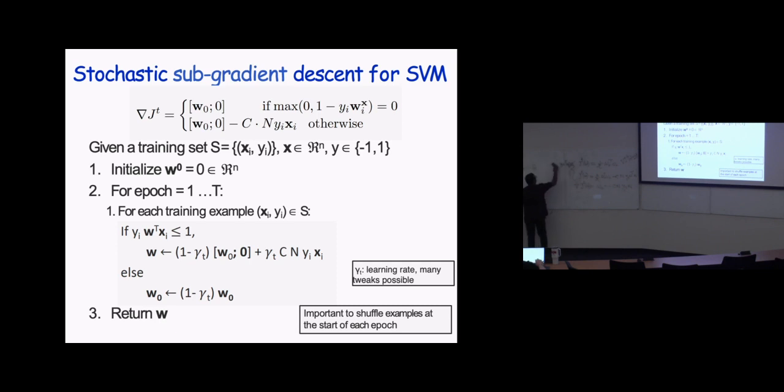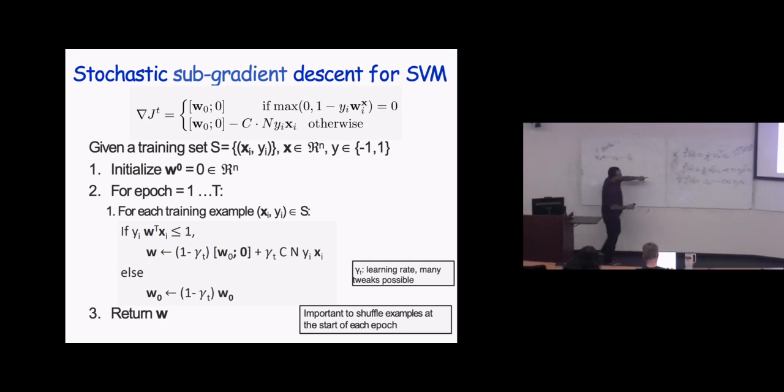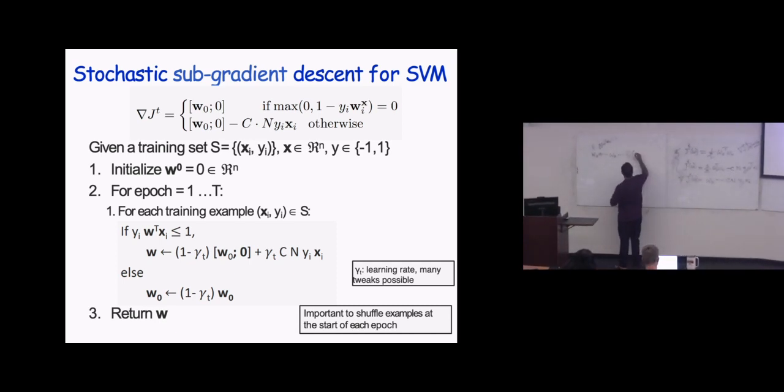But if this is less than 1, then the formula becomes this, which is equal to W naught minus C n y xi, which is equal to W naught minus gamma t W naught plus gamma t C n yi xi, which is equal to 1 minus gamma t W naught plus gamma t C n yi xi.